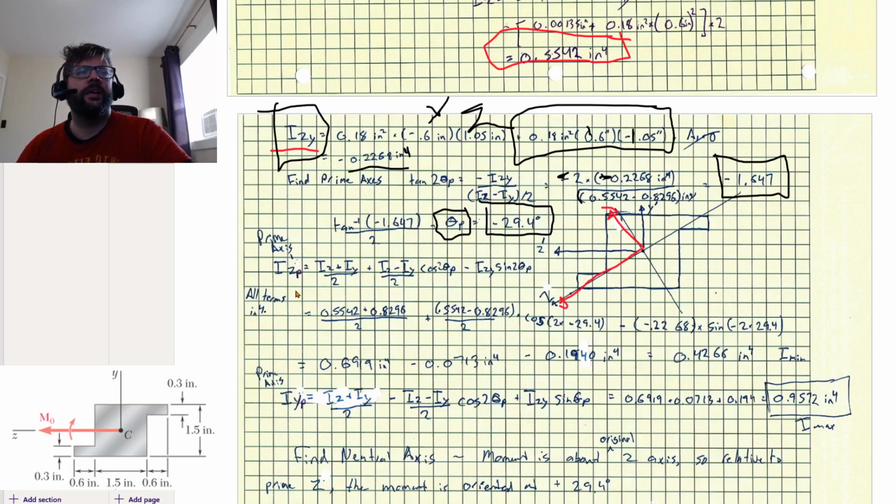So we need to find out what the I's are about those axes. Again, just use the formula that we worked with before.